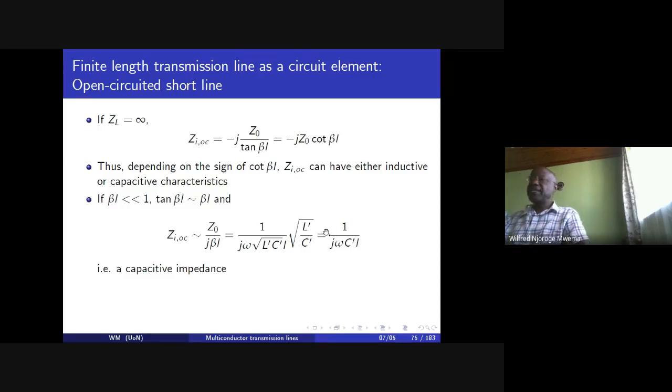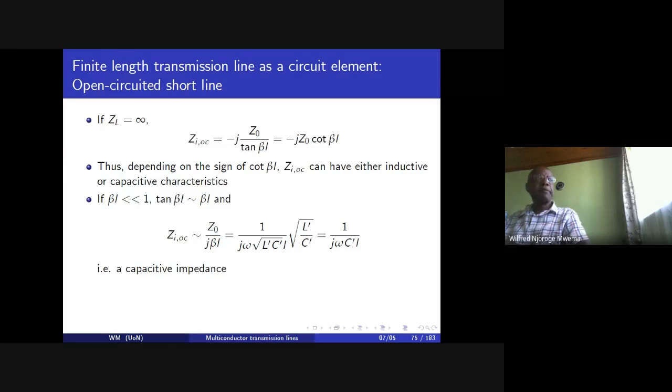So if beta L is much smaller than unity, then the tangent of beta L is approximately equal to beta L in radians, not in degrees, but in radians, and Zi open circuit will therefore be approximately Z0 over j beta L. If we replace the value of beta L, that is omega root L prime C prime, multiplied by the L, and we have the characteristic impedance as root L prime by C prime, we get that it is going to be given by 1 over j omega C prime multiplied by L.